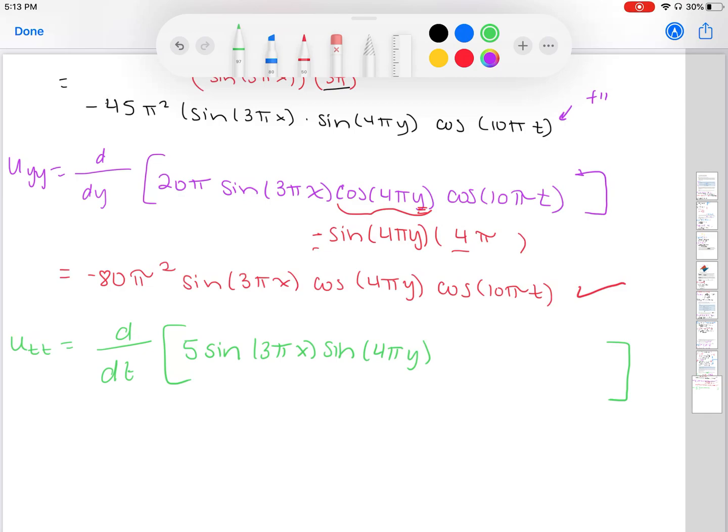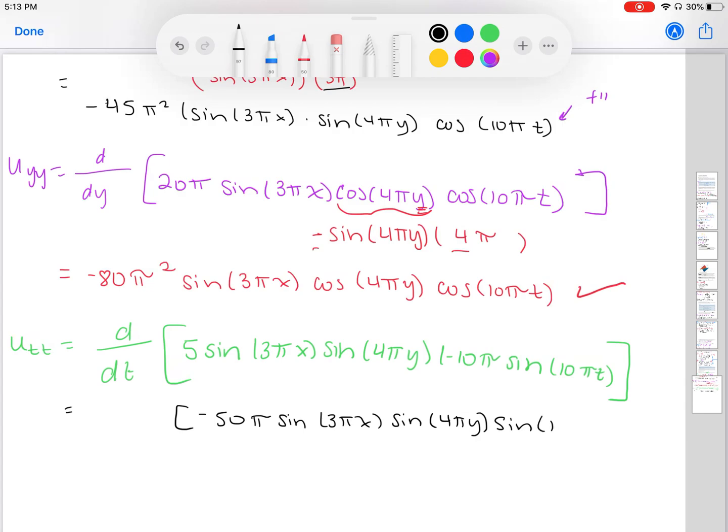Okay, that last part was wrong. So we had negative 10 pi sine of 10 pi t. There we go. I was looking at the wrong part of my notes. Okay, let's clean it up a little so that we have negative 50 pi sine of 3 pi x sine of 4 pi y sine of 10 pi t.